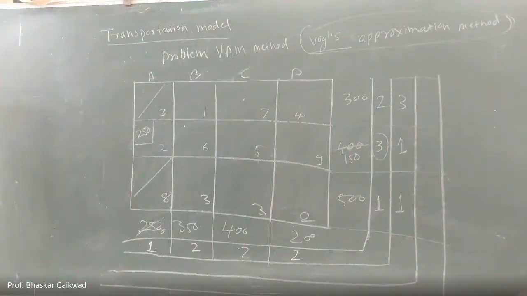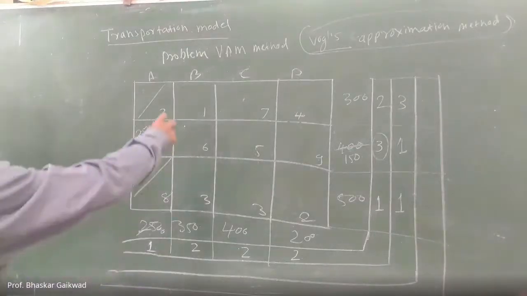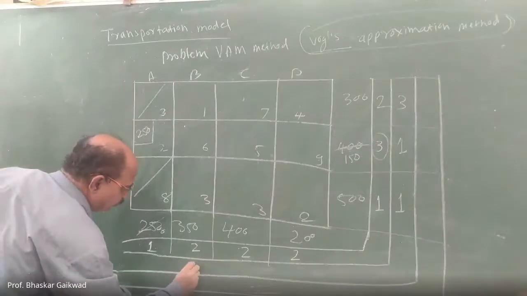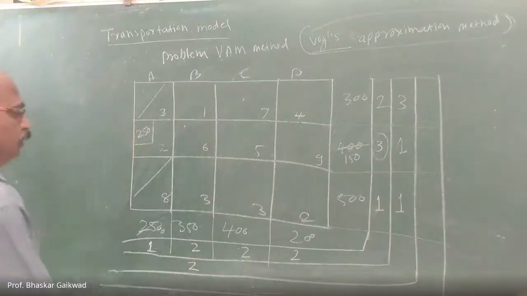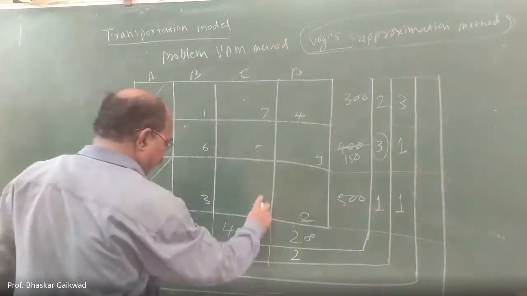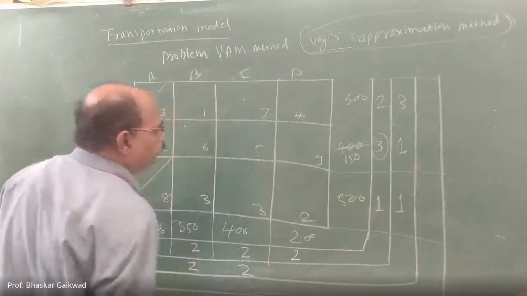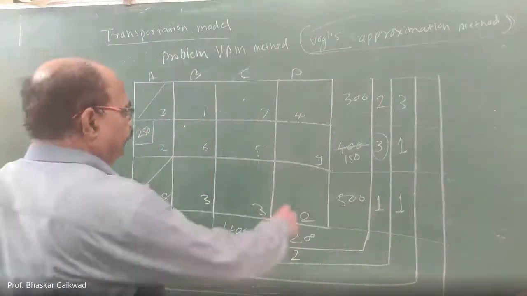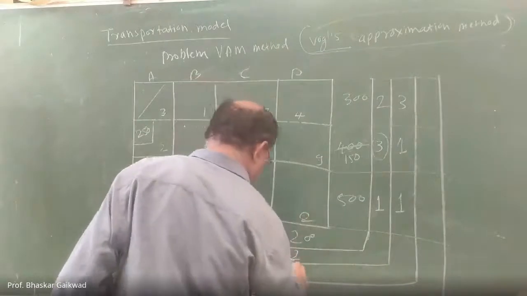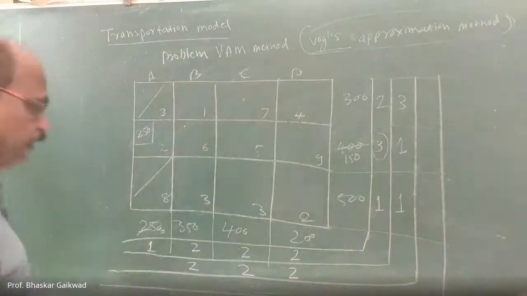After that, you have to come to the columns. Second column, 3 and 1, that difference is 2. Then 5 and 3, difference is 2. Then 4 and 2, that difference is 2. Correct.